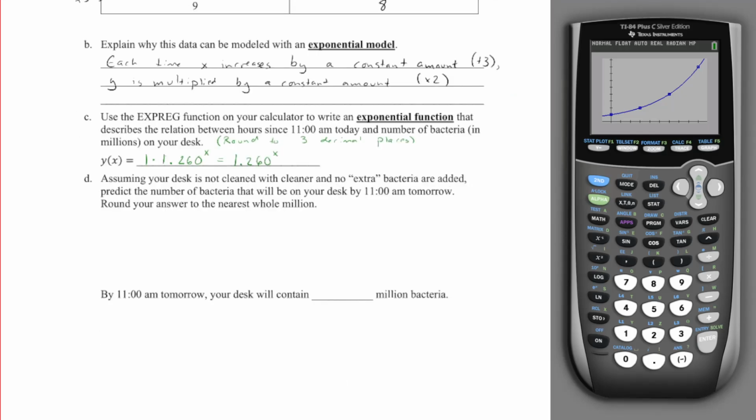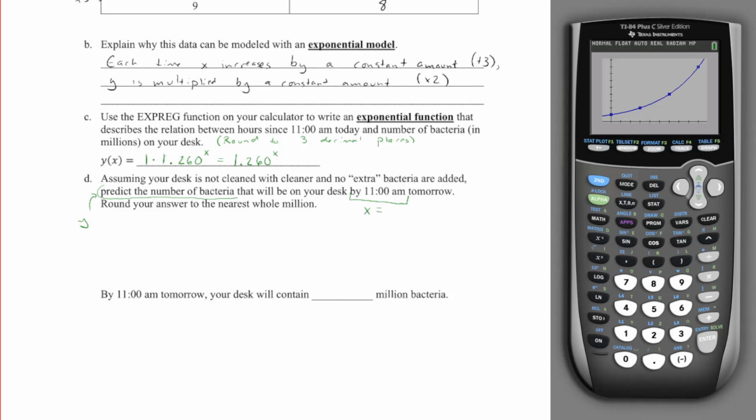And of course, we can use this function to answer questions. Predict the number of bacteria. That's asking for y. On your desk by 11 a.m. tomorrow.